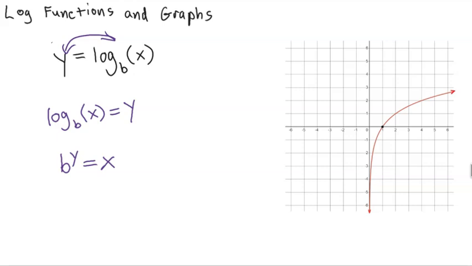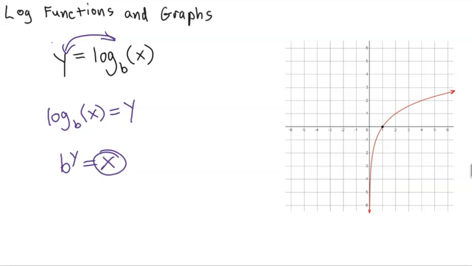Look, we have swapped. We have made the x the function value, and we have made the y the independent variable. So this rewrites the dependent variable as the independent variable, and the independent variable as the dependent variable.